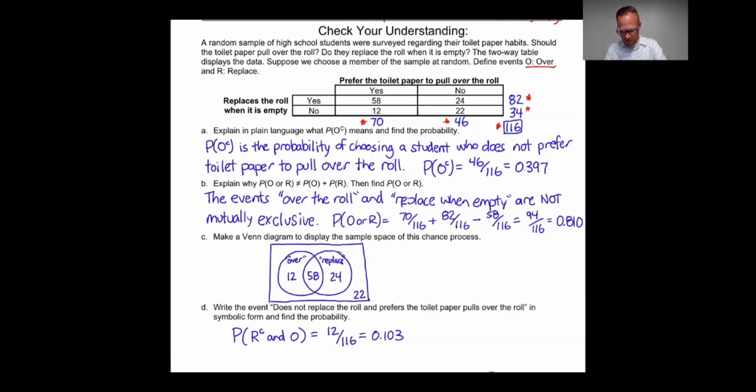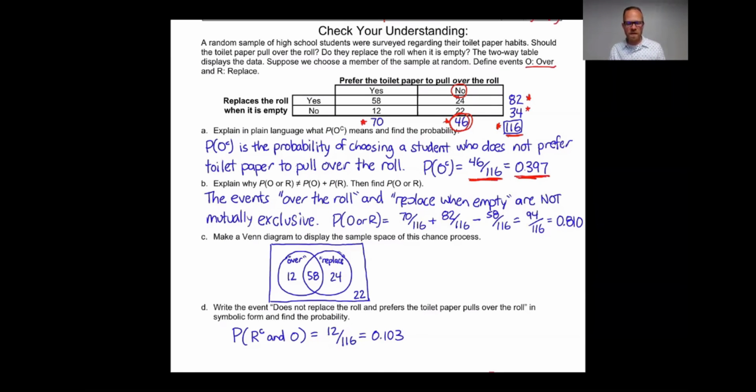If we look at not over the roll, the total of that is 46 out of the 116 total, which is going to give us 0.397. Now, I do suggest on probability questions like this that you give the fraction that you use to get the probability as well as the final decimal answer here.